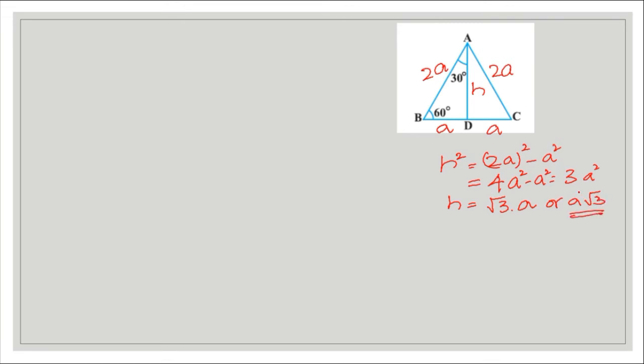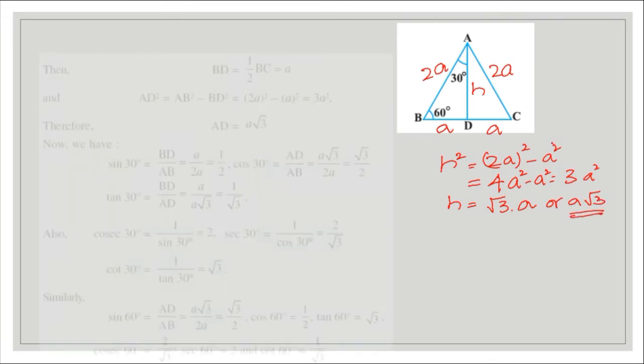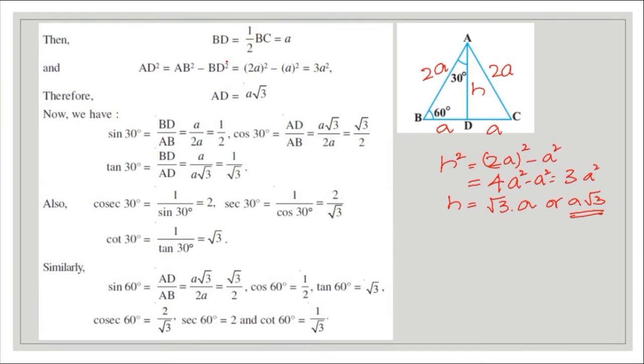We are going to make use of this. The same thing I have explained here. BD is half of BC, which is A units. By using Pythagoras theorem, AD is found as A root 3 units. Now to define the trigonometric ratios, sin 30 degree is opposite by hypotenuse. BD is the opposite side with respect to 30 degree.